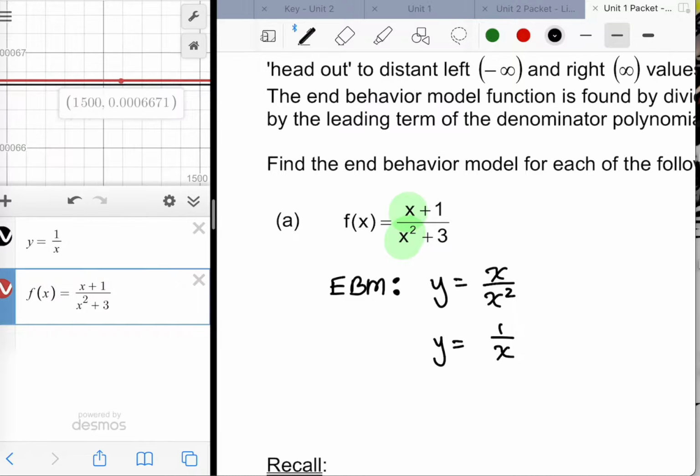So this is the red, 0.000667, and let's see if I could even get on the black. Nah, still the, yeah, there we go. Practically the same, off by the slightest margin. So for extreme values of x, they're going to the same location. They're both approaching 0, but they're actually approaching each other too.